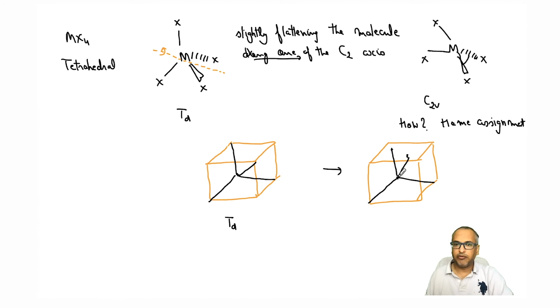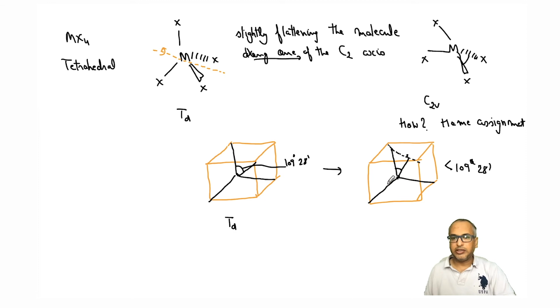So instead of going all the way to the vertices, I'm now resting my atoms somewhere in between on the face diagonal. So now this angle, which was initially 109 degree 28 minutes, is now less than 109 degree 28 minutes, right? The other angle is still the same.